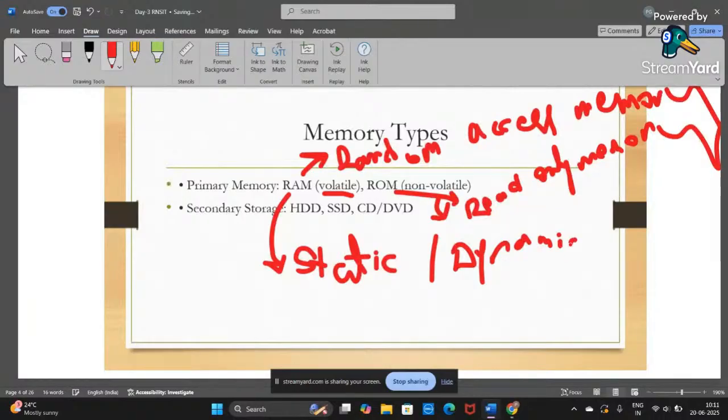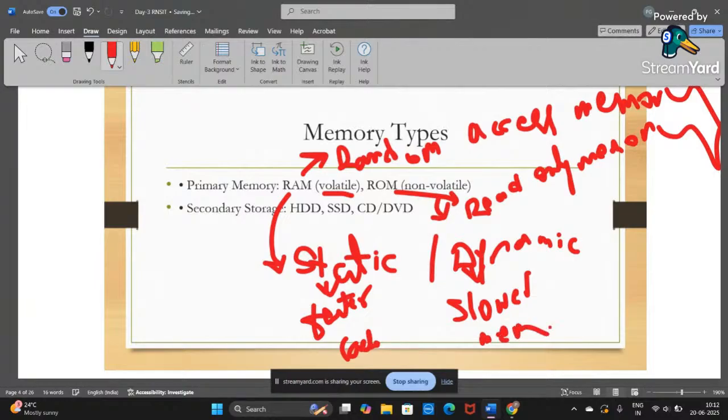Static RAM is faster, and dynamic RAM is slower. Static RAM is used to store cache memory, and dynamic RAM is used to store main memory. These are the differences between static and dynamic RAM.